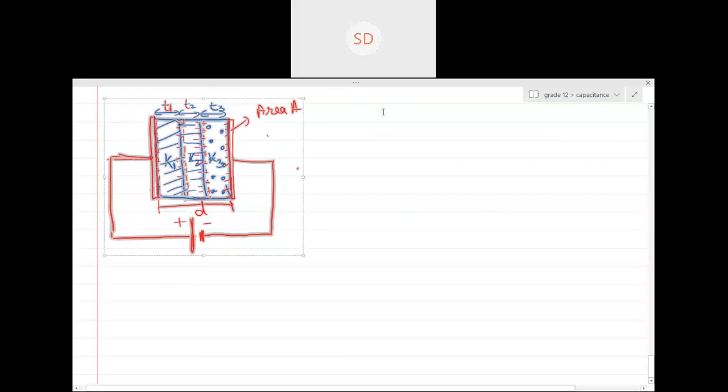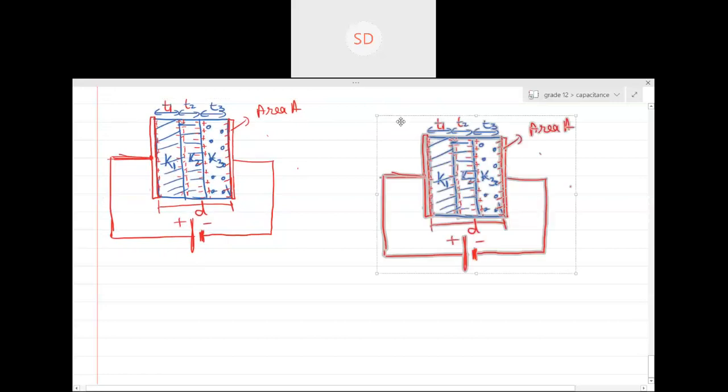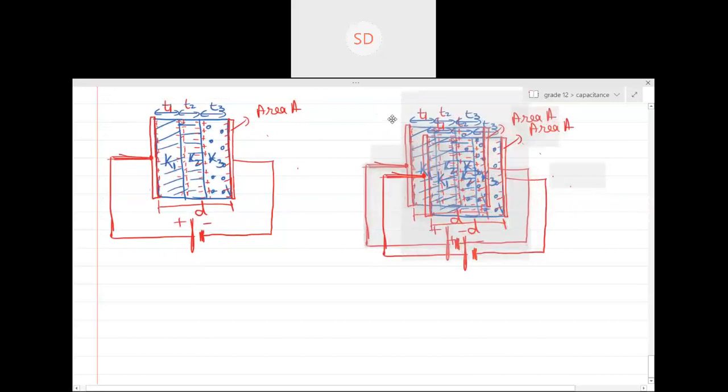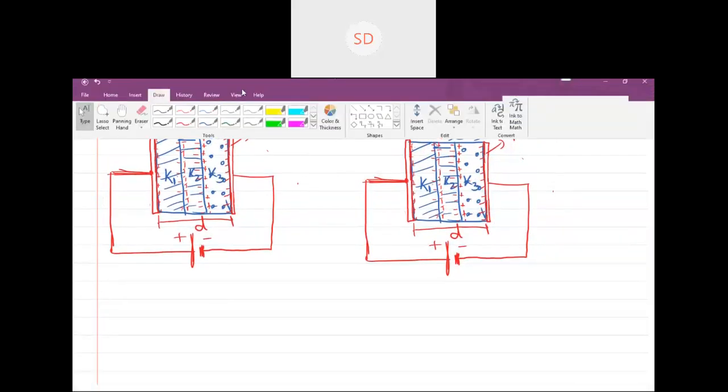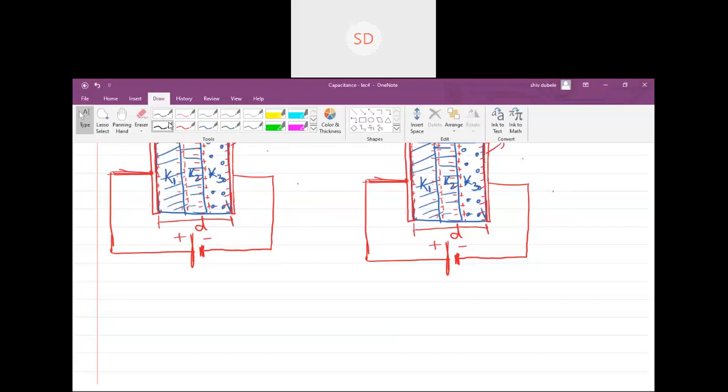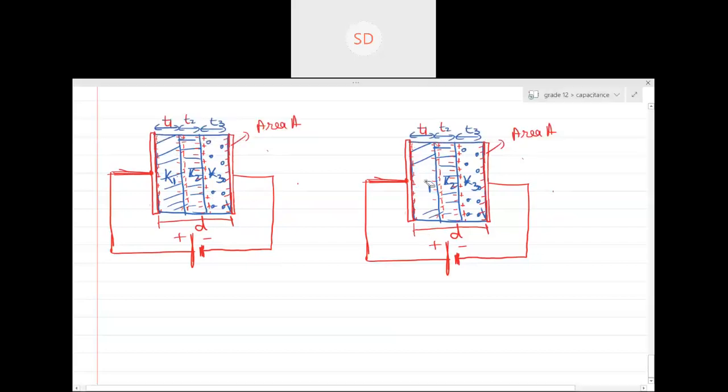Control C. Control V. So basically, what do they want? They don't want you to calculate the individual K1, K2, K3. They say, just assume that the whole thing is made up of a single dielectric, single material.